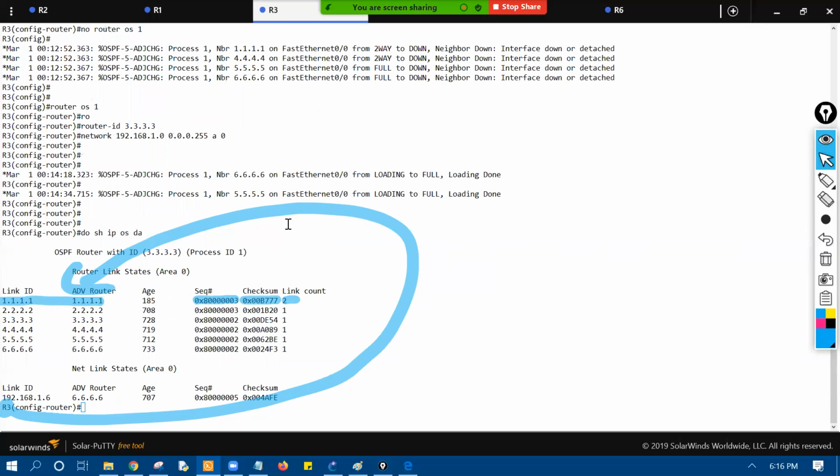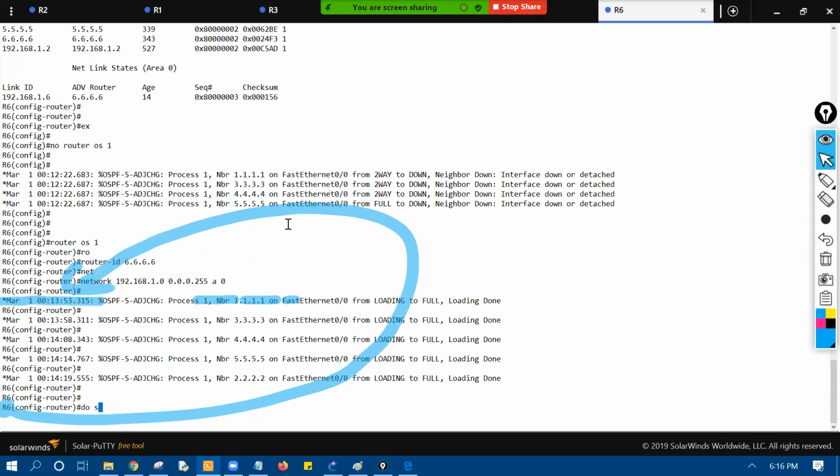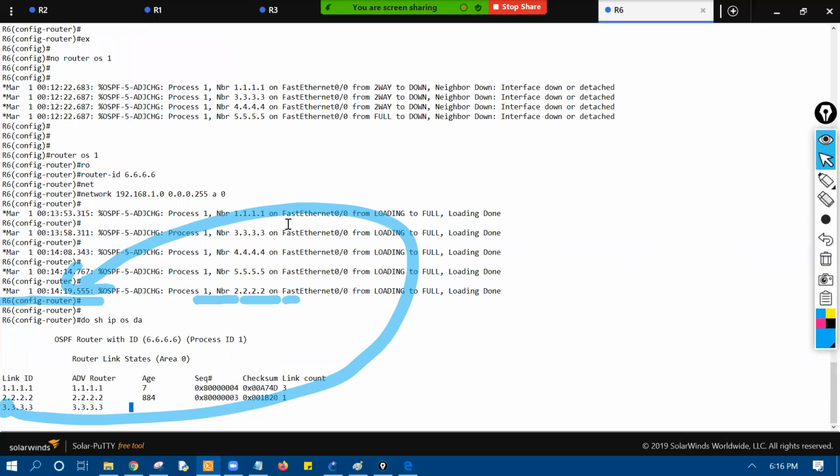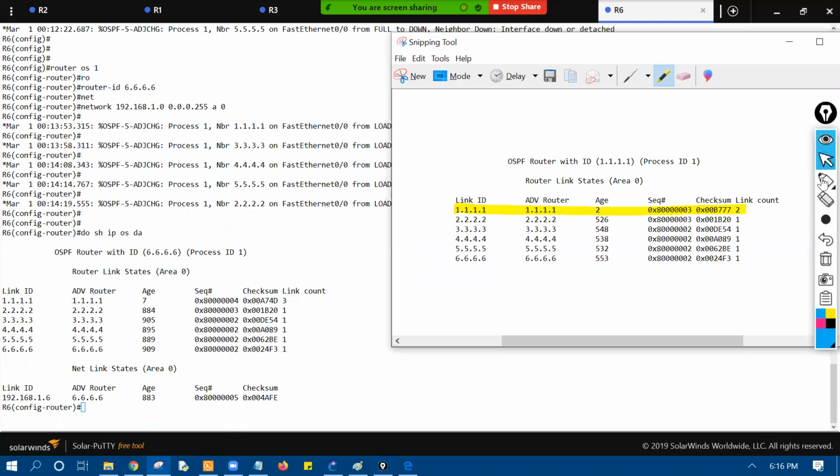Check on our R6 now. Do show ip ospf database. Previously, this was the information. Can you see that? Every time the database table is modified, these four values will be changed.